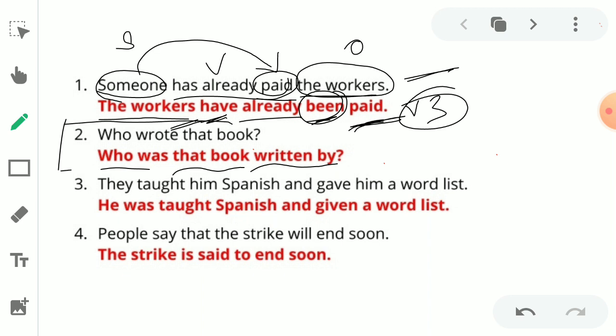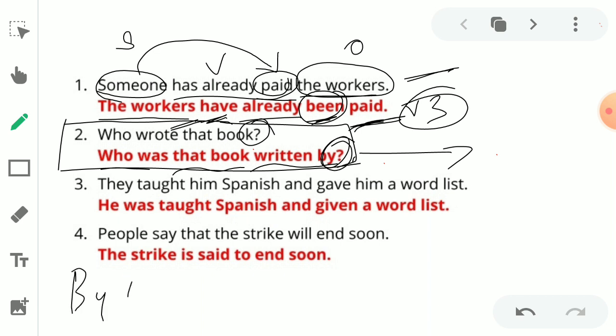See, this sentence is different. Why? Because it is given in interrogative form, and the passive voice also ends with a question mark. Here you can see the question mark, and in active also. And one more way or method we can write the same sentence is by using by whom.